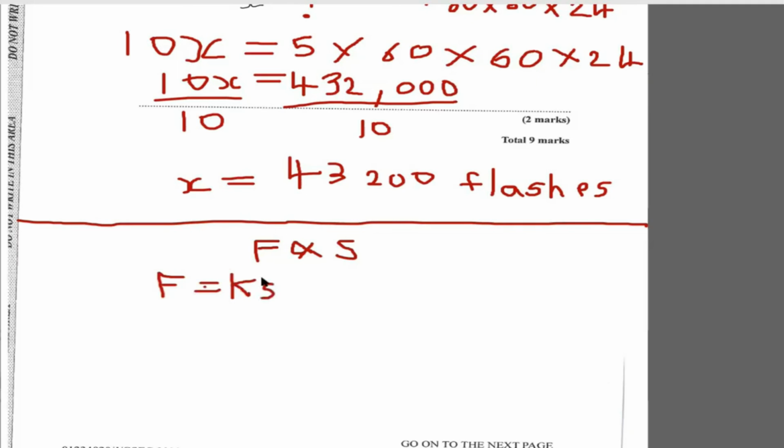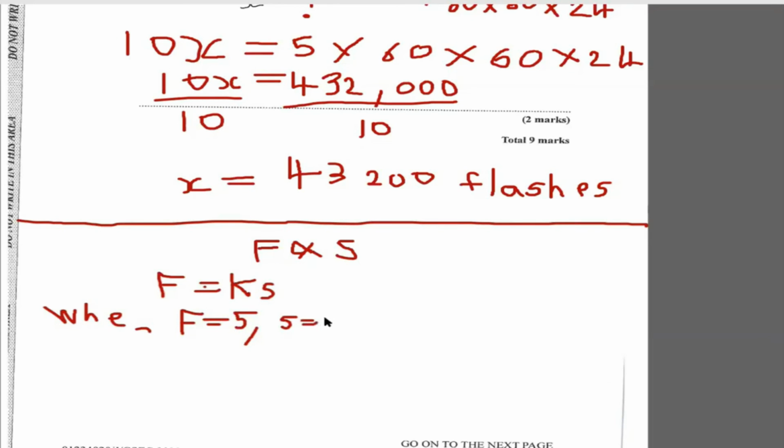Now, how are we going to find this constant? To find this constant, we're going to look at when 5 flashes correspond to every 10 seconds. When F equals 5, we know S equals 10.